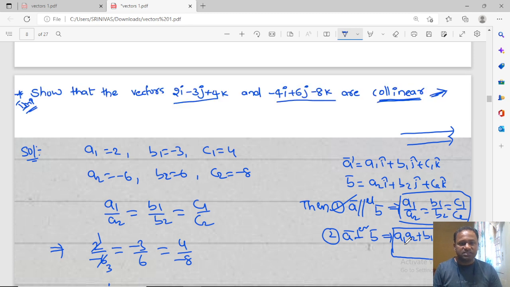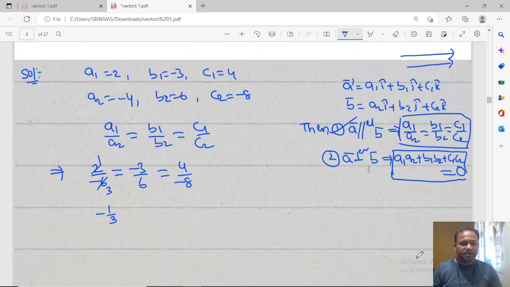What was given? This is not 6, it is 4. Okay, so this is minus 4, right? So I need to change this. Otherwise I will remove this total, it will be clear. Okay? Right.